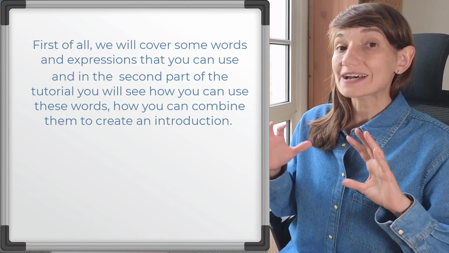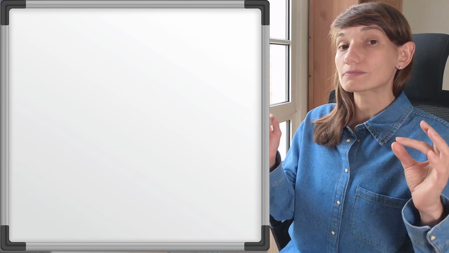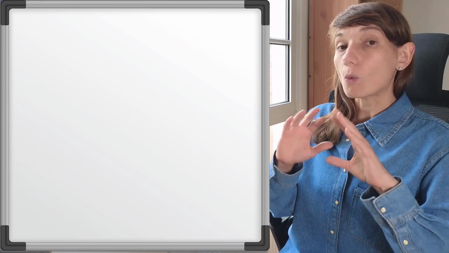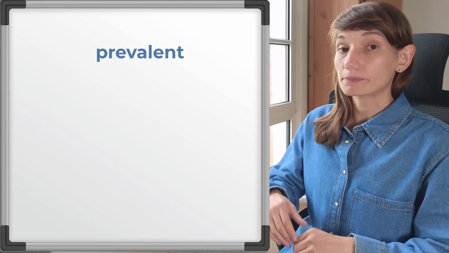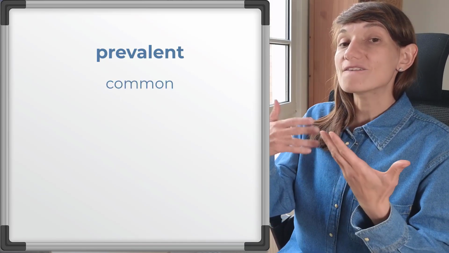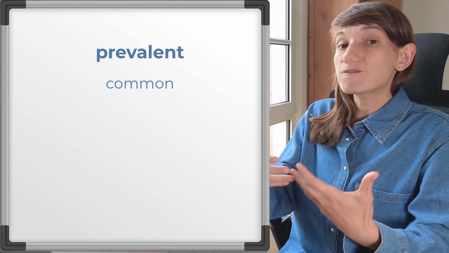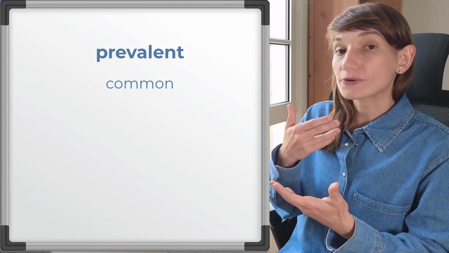So first of all, definitely, when you are given a problem, the problems mentioned on IELTS are always common, widespread problems or prevalent problems. Prevalent means common, and the fact of being common or the fact of happening often is the prevalence.